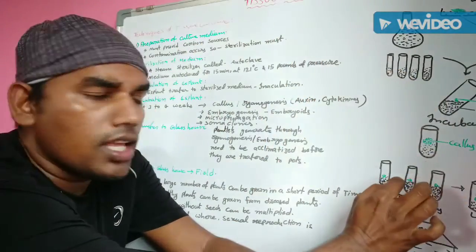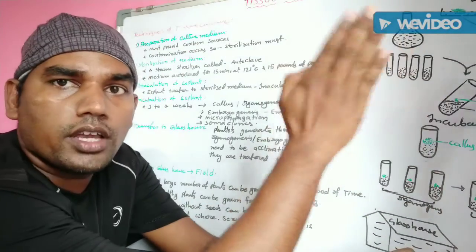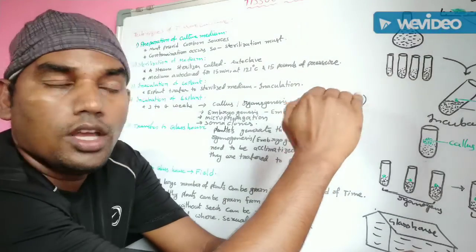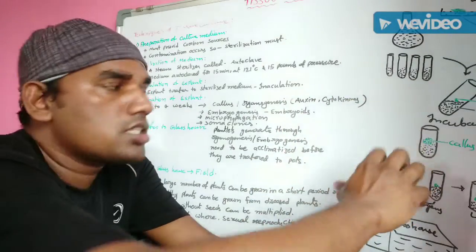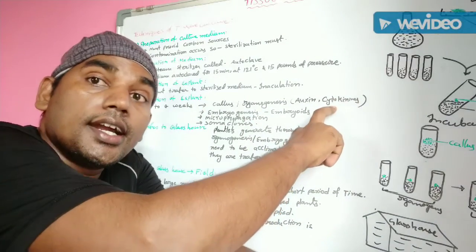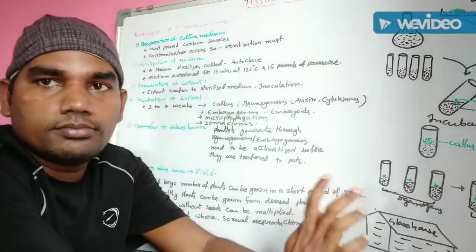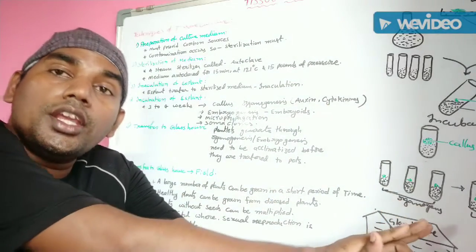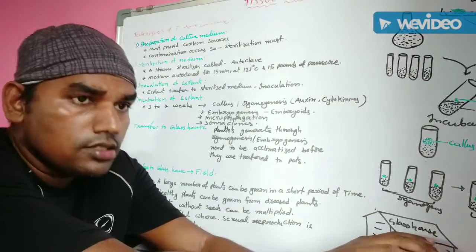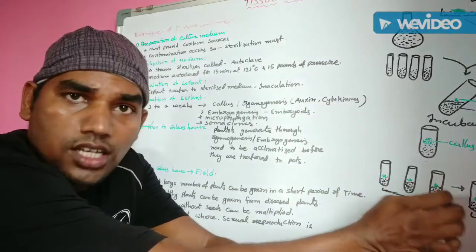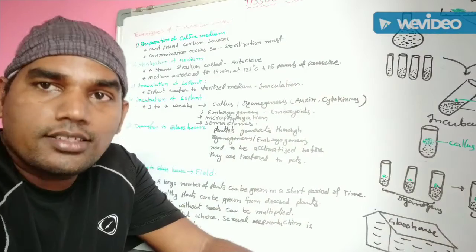The callus is cleaved into different parts of tissues, and these callus parts are transferred into plant growth regulator containing nutrient medium. What are the plant growth regulators? Auxin and cytokinin containing nutrient medium. Hence, by the presence of auxins and cytokinins, this callus is differentiated into plantlets.